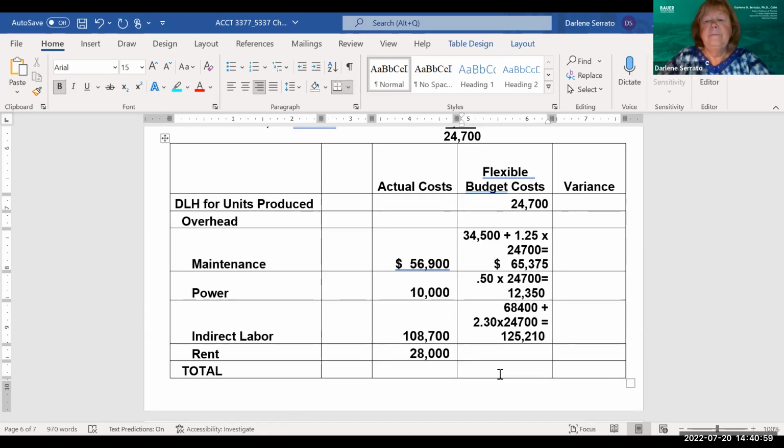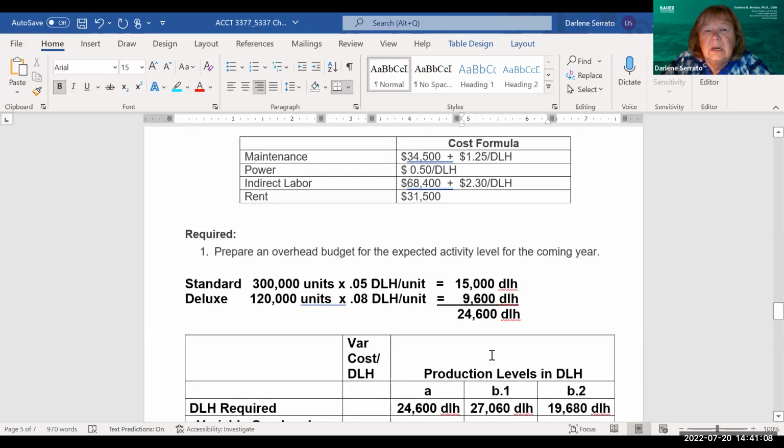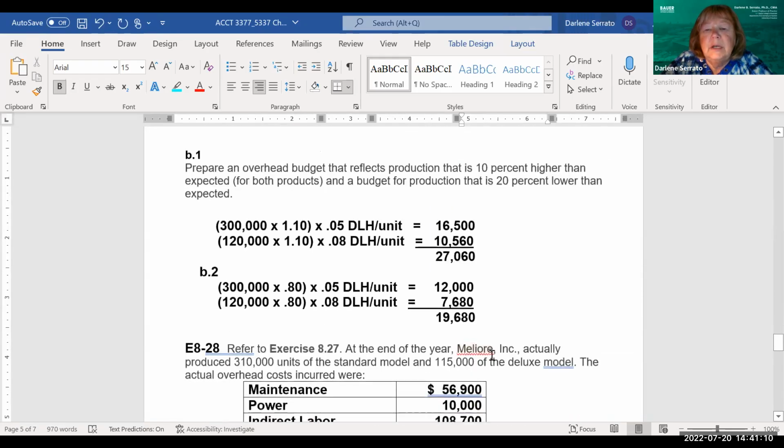Somebody else get that? Yes. Okay, rent is all fixed at 31,500.